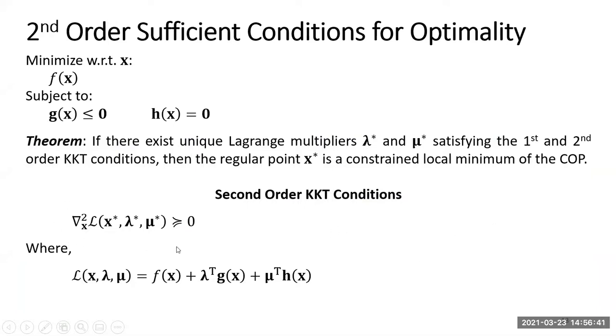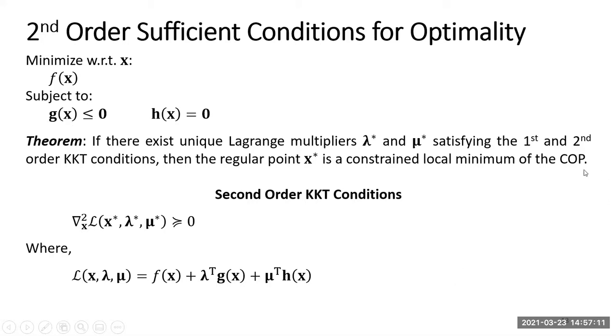The second derivative, the Hessian of the Lagrangian, must be positive semi-definite. And this is analogous to unconstrained optimization. In the unconstrained optimization problem, you don't have g and h, so this would simply be the function f of x, right? And the Hessian of the function must be positive semi-definite for it to be a local minimum.